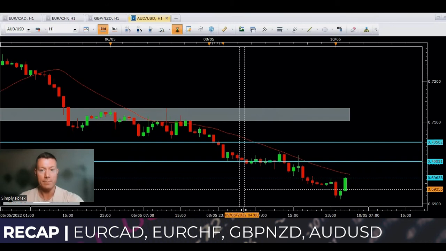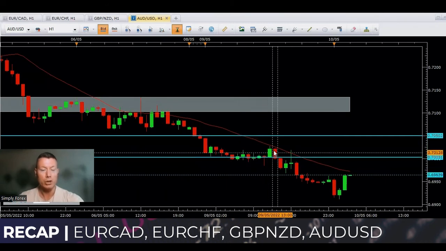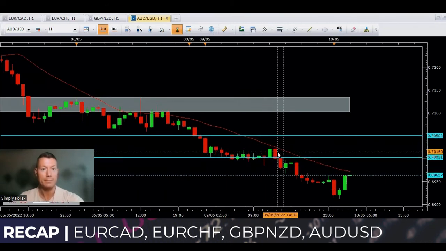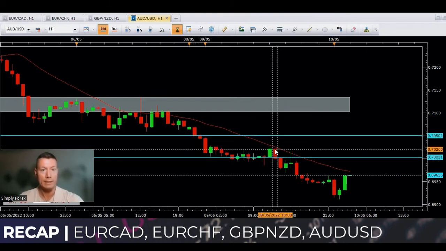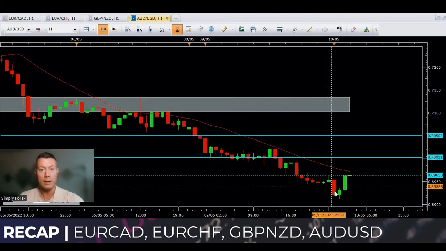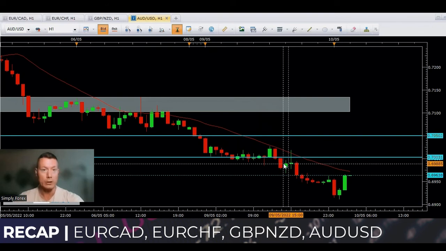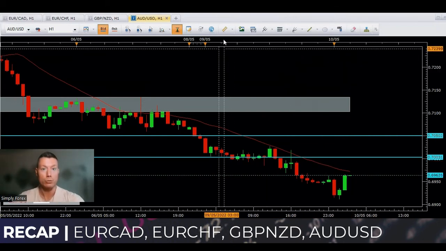It didn't give me a chance to get into this pair. So I didn't have a trade on the Aussie dollar US dollar, but the direction again was very good, guys. All right, so guys, had some really profitable trades yesterday, so I hope you took a couple of them. And that's yesterday's recap. So now, guys, we're going to look at today's potential trades.